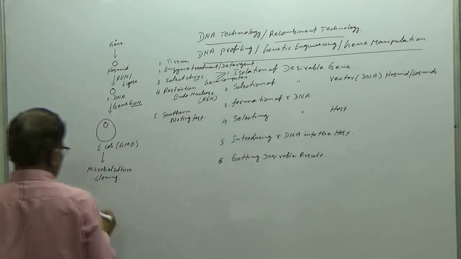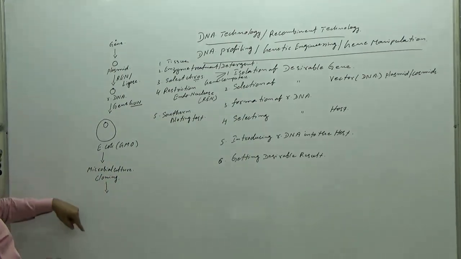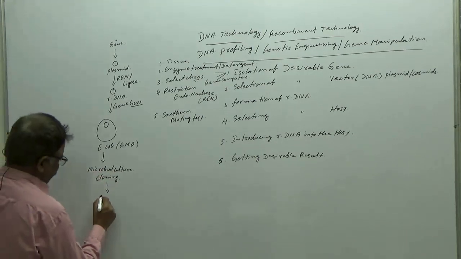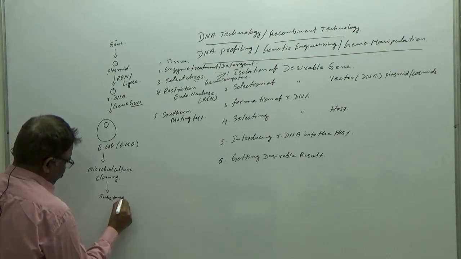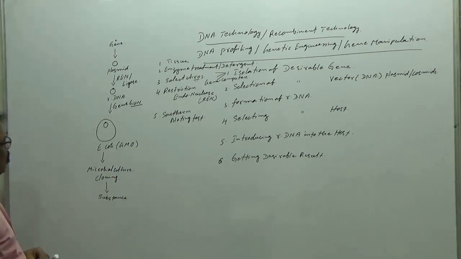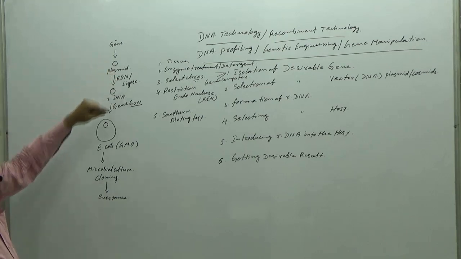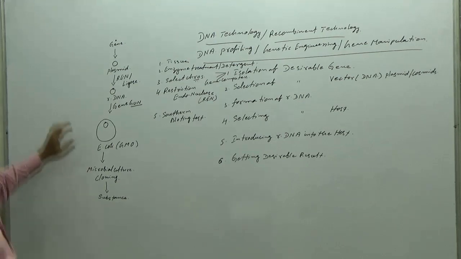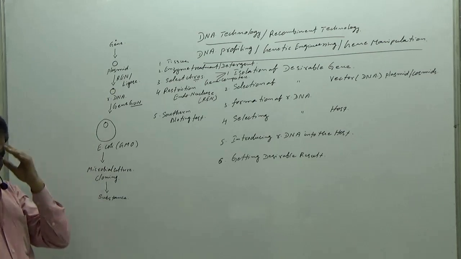Then after this cloning process, automatically this microorganism produces a particular substance. If this gene is the insulin gene, we will get insulin. If this is a growth hormone gene, we will get growth hormone.